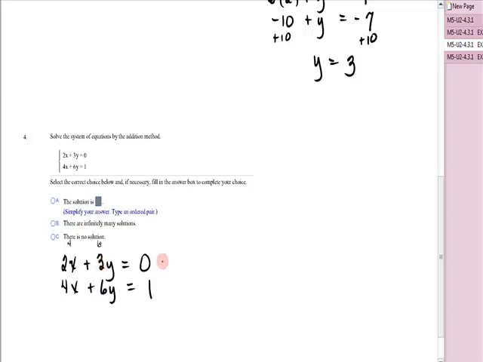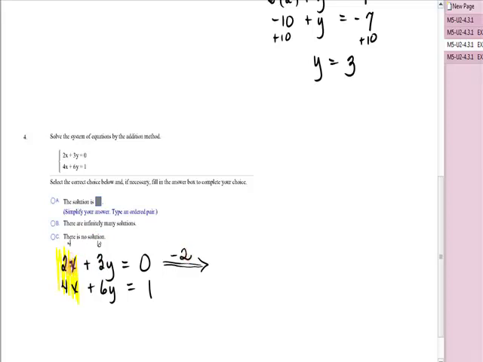So it seems like I have a choice, but either way, I think I'll target the x's, and in order to make this 2x turn into the opposite of this, I'm going to need to multiply by -2. So there's a good bit of decision making that has to go on there. You need to think about what the least common multiple is, what 2 and 4 could both go into, or what 3 and 6 could both go into, and then how could you make that happen?